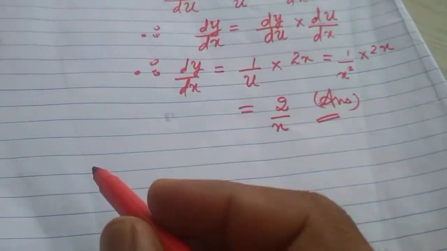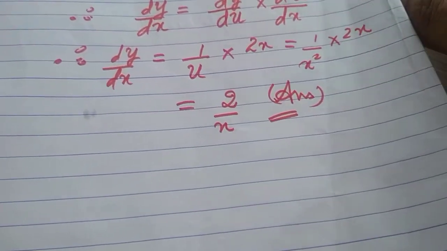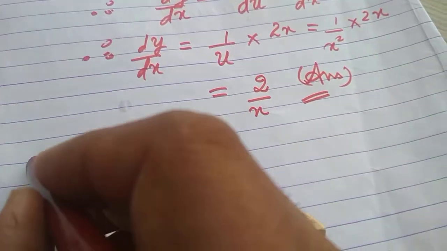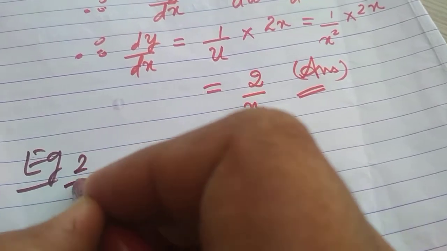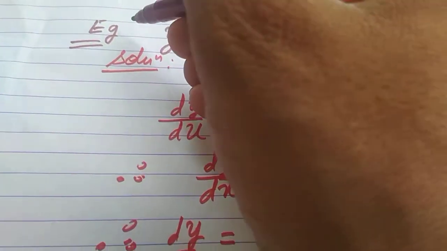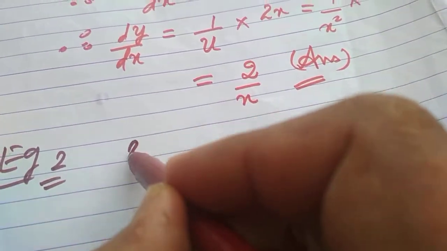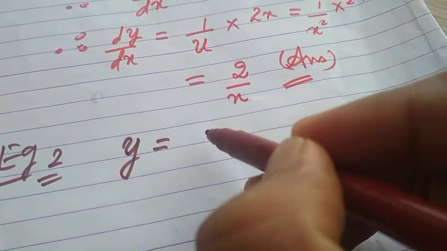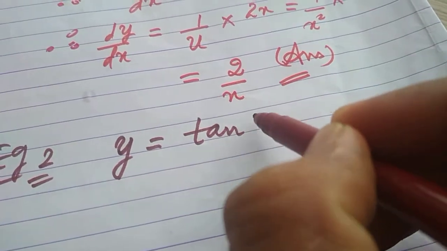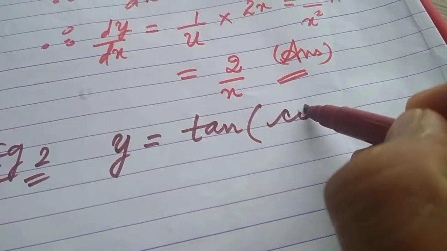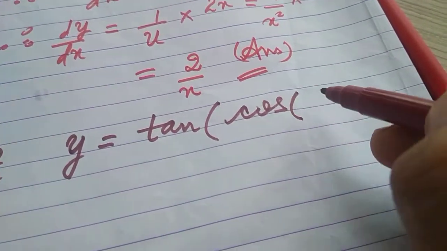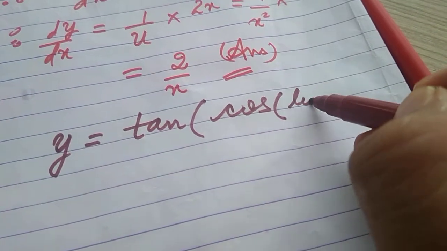Any other example, like for example, example number 2, this is example number 1. Suppose there is a function, tan of cos of log x.